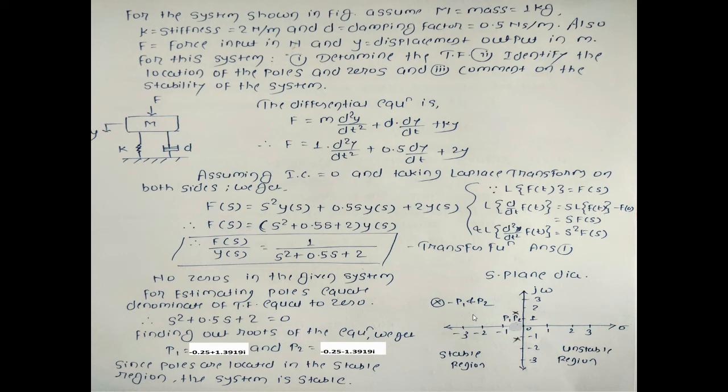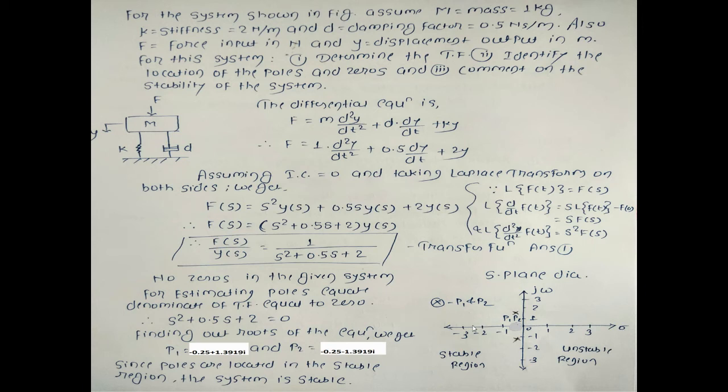On the other side, if the poles are located on the right hand side of the S-plane diagram, that region is the unstable region and your system is also unstable. In the present case, the poles are located in the stable region. That's why we can say that the system is a stable system.